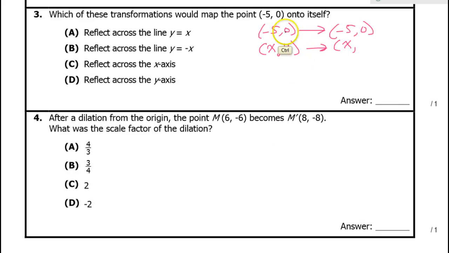However, 0 is a special case. If you change the sign of 0, negative 0, the opposite of 0 is still 0. So even if y became negative y, 0 would still stay 0. So what transformation is this?